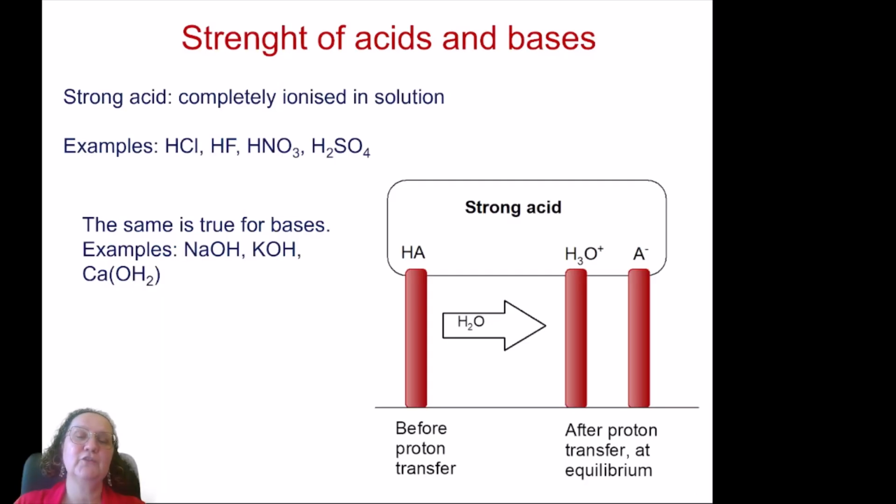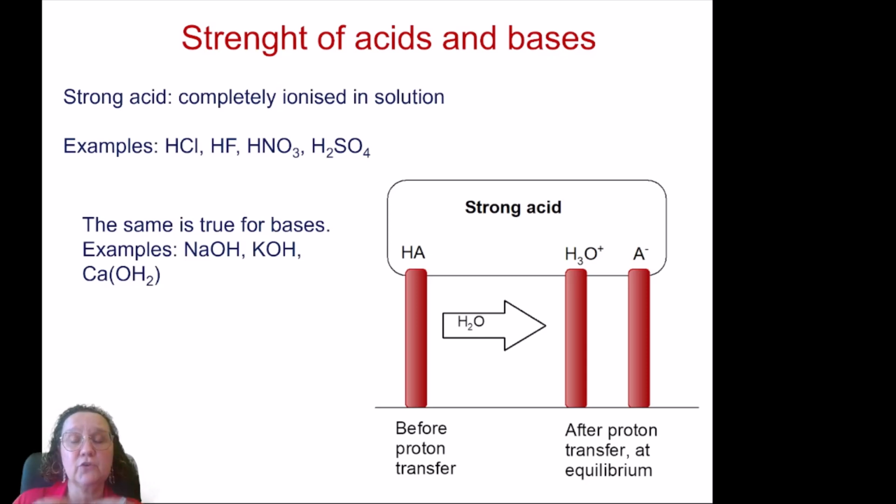In the next few slides, we're going to do a little bit of thinking about the strength of acids and bases. So we were discussing how an acid donates hydrogen ions, a base accepts hydrogen ions. But that doesn't mean that you have to do it really well. Some acids have a strong tendency to donate hydrogen ions. Some of them do not have such a strong tendency.